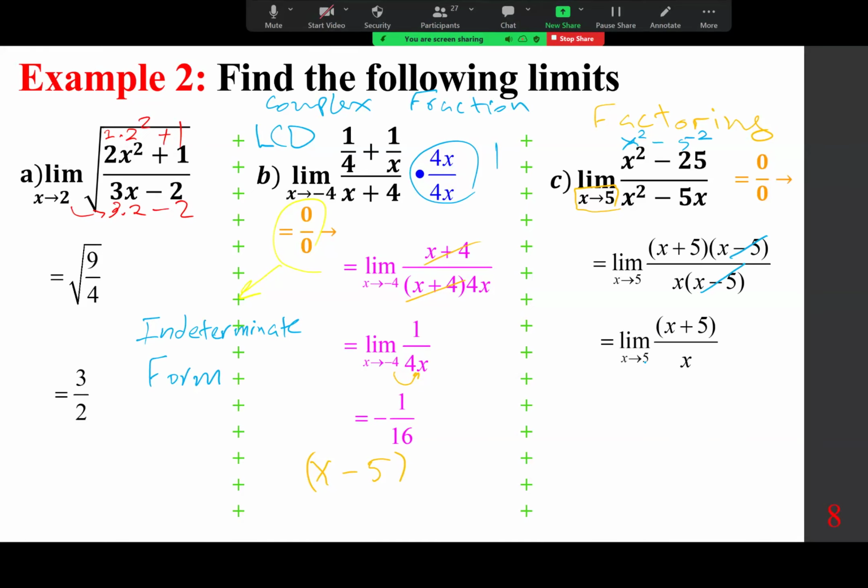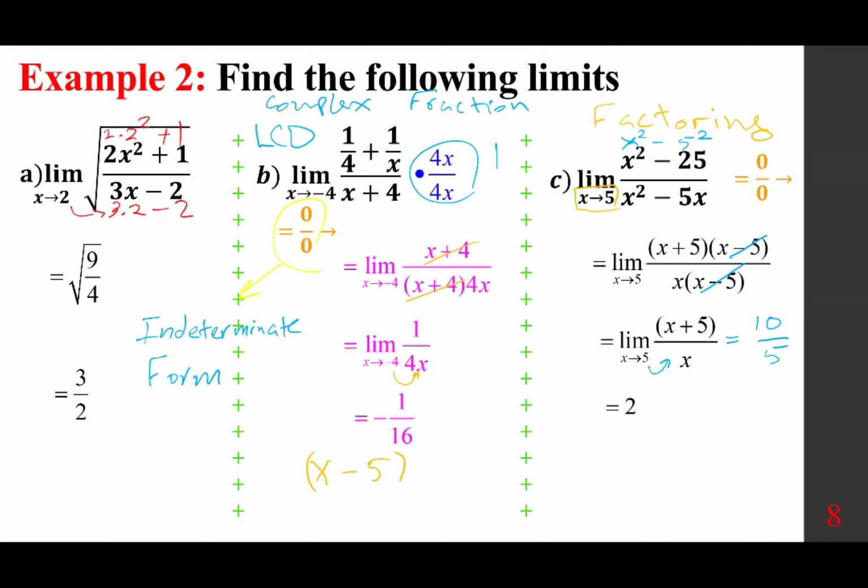We get 10 over 5, and it simplifies to 2. Pretty straightforward.